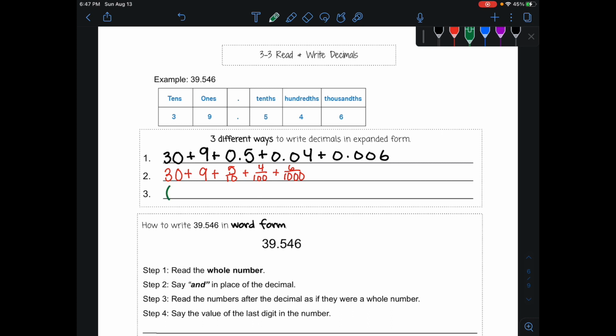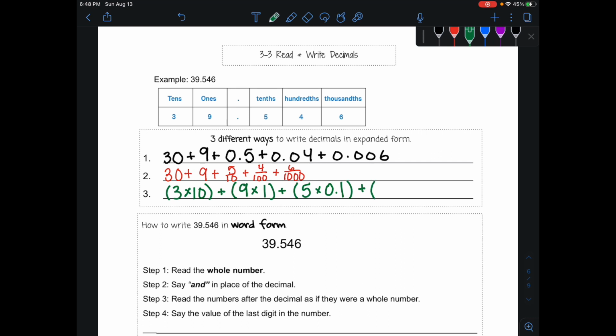So you have 3 times 10, because it is in the tens place, plus 9 times 1, plus 5 times 0.1, plus, or you can also write it as a fraction if you want to.